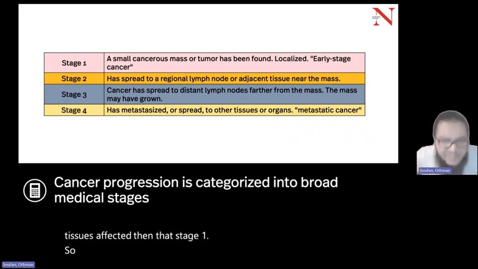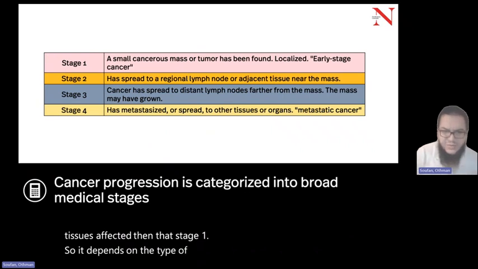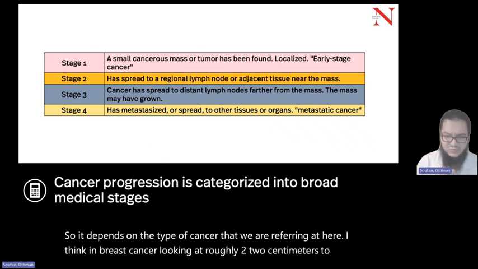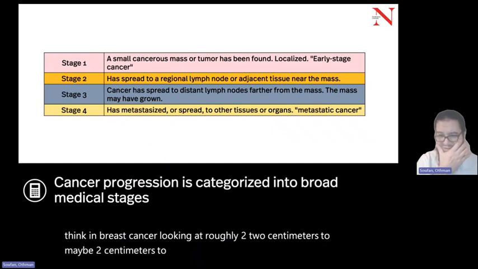It depends on the type of cancer that we are referring to here. I think in breast cancer, we're looking at roughly 2 centimeters to maybe 5 centimeters, I guess.